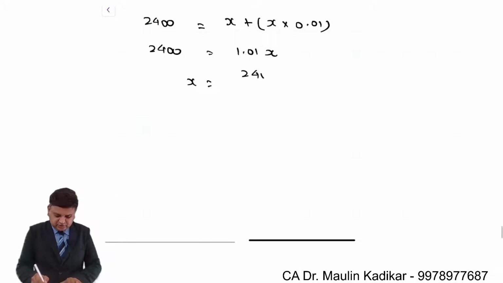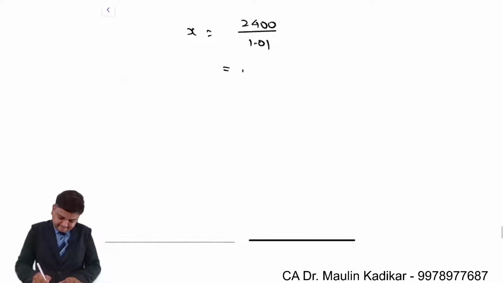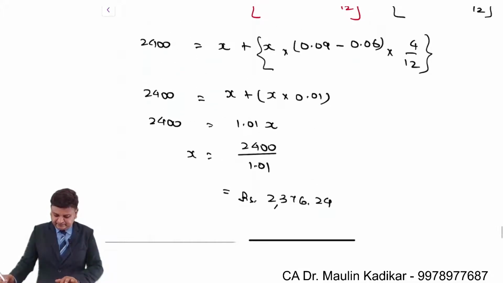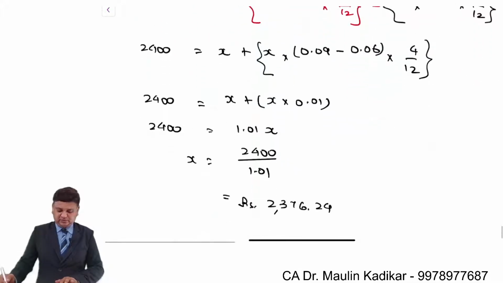So this 2,400 upon 1.01 is 2376.24. That is the way we are required to make the calculation of the spot index value.